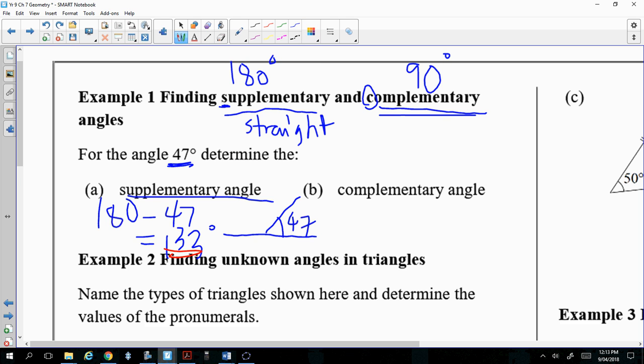They add up to a straight line. All right, how about the next one? Complementary angle. To get the complementary, you do 90 minus 47. That will be 43.